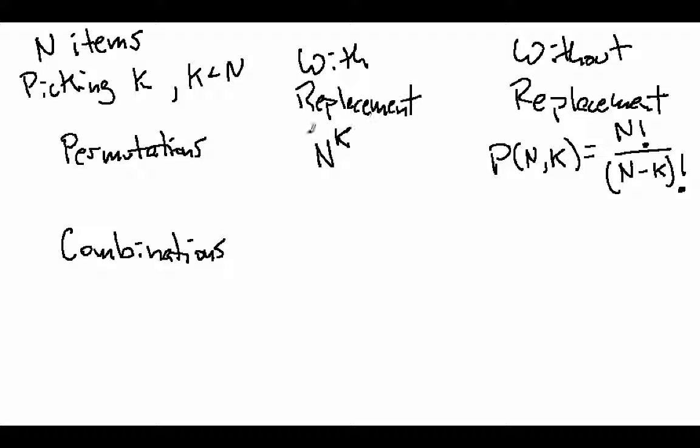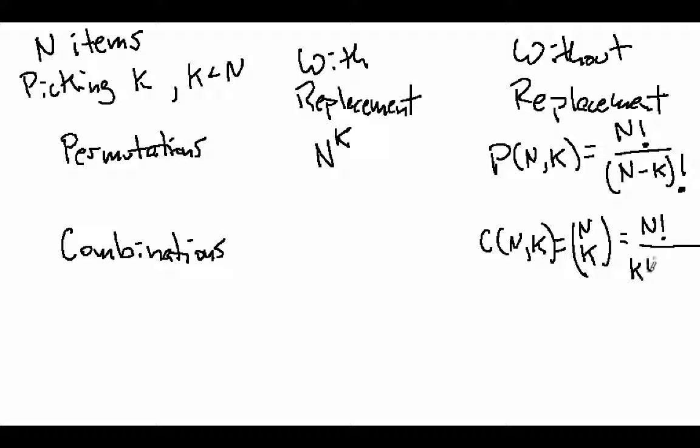If we're doing combinations without replacement, remember this is C of n, k, which is equal to n choose k, and that's equal to n factorial divided by k factorial times n minus k factorial. Okay, I managed to squeeze it in there.